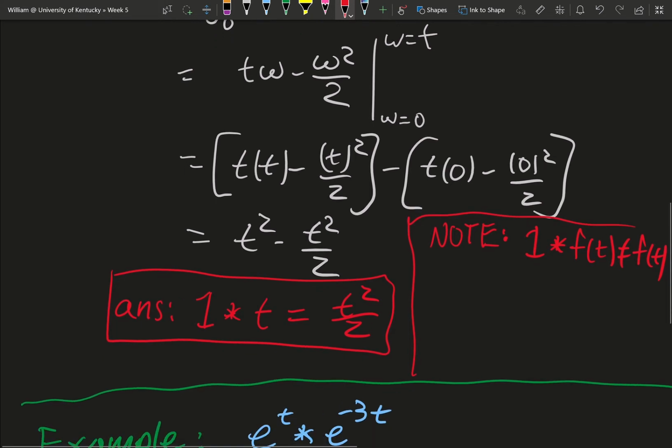In fact, even taking the convolution of 1 with itself, we actually end up with t as opposed to just 1.